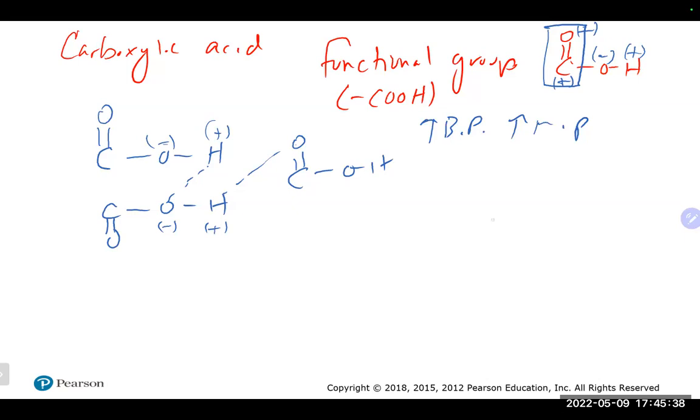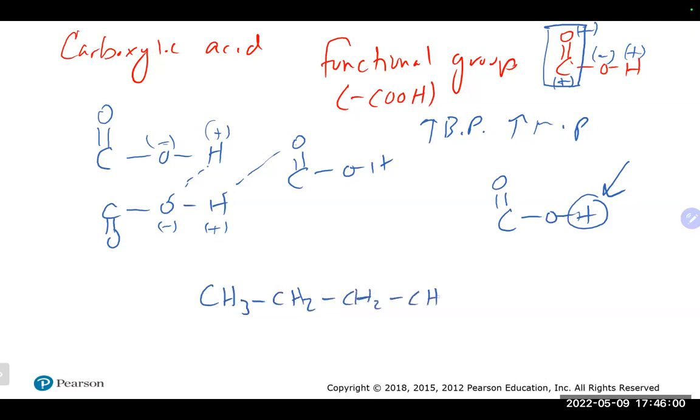When we name these guys, because of that carboxylic acid group and that hydrogen that is at the end here, it always must be at one end of the molecule or the other. You'll never find the functional group in the middle. So what that means is we're just going to count up our carbons that contain the carboxylic acid group, which is right here.